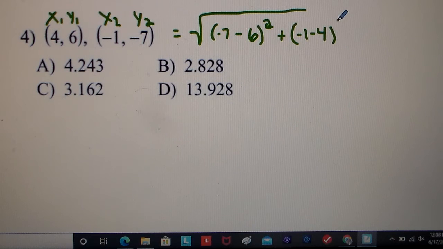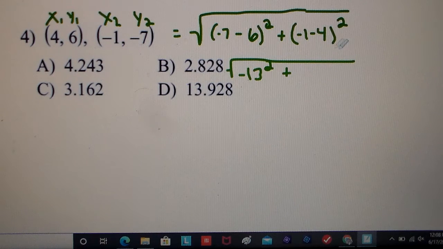The x's and y's are interchangeable. Doesn't really matter if you do y's here and x's here, or you do x's here and then the y's here. Not the end of the world. -7 minus 6 gets you -13. Squared. And -1 minus 4 gets you -5. -5 squared will be the other guy. Remember order of operations, so you gotta do your exponents first before addition. So -13 squared is 169.